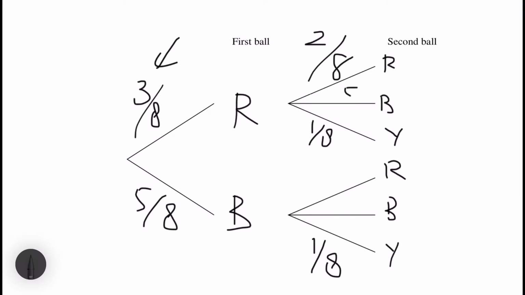And we will still have 5 over 8 for the blue because we didn't take the blue ball at the first ball. Now we're taking the blue ball at this branch, so it will be 4 over 8 for the blue ball, or half. 3 over 8 for the red ball, and we're done.